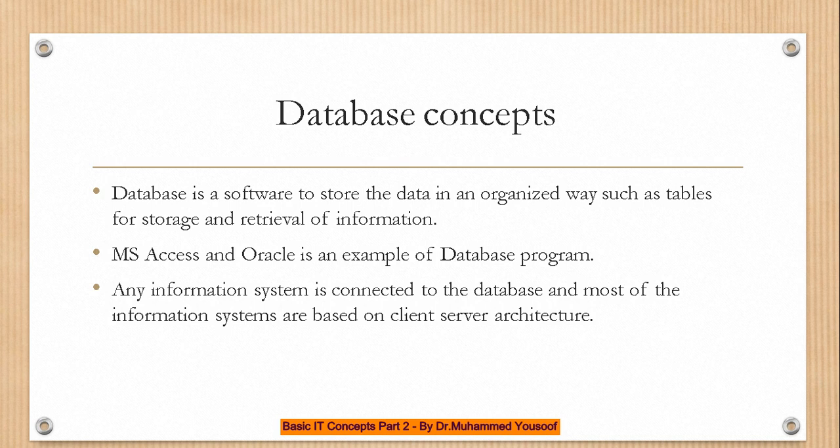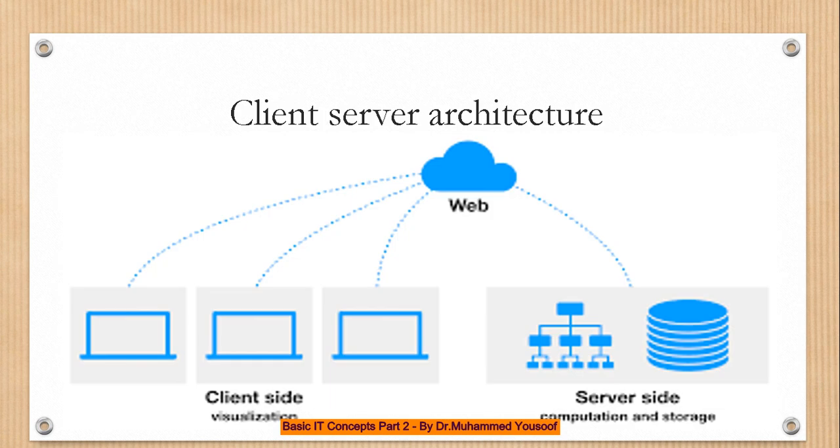So this is based on the client server architecture. What is a client? Client means the computer in which the user is going to see the information. What is a server? Server is the main computer available in the background, which is going to process and give you the information that you may need at any point of time.